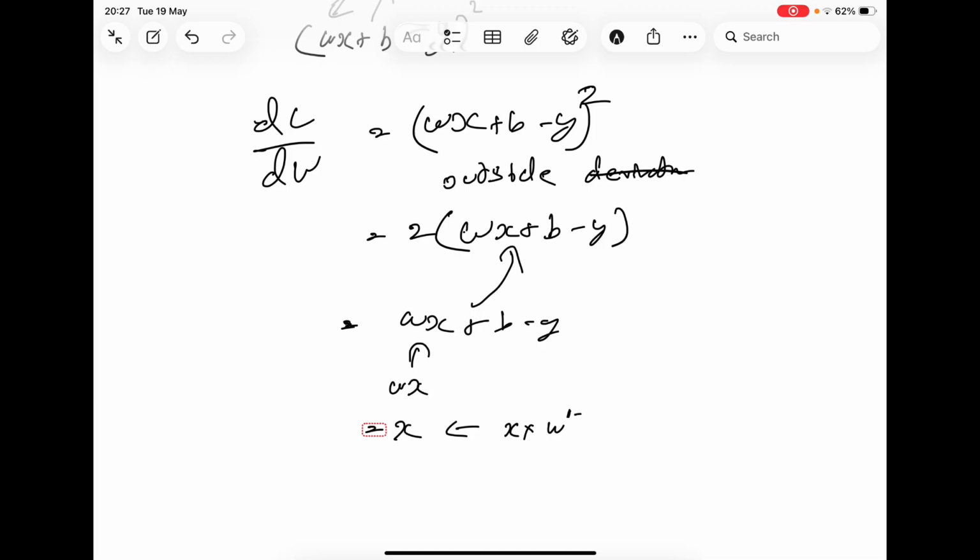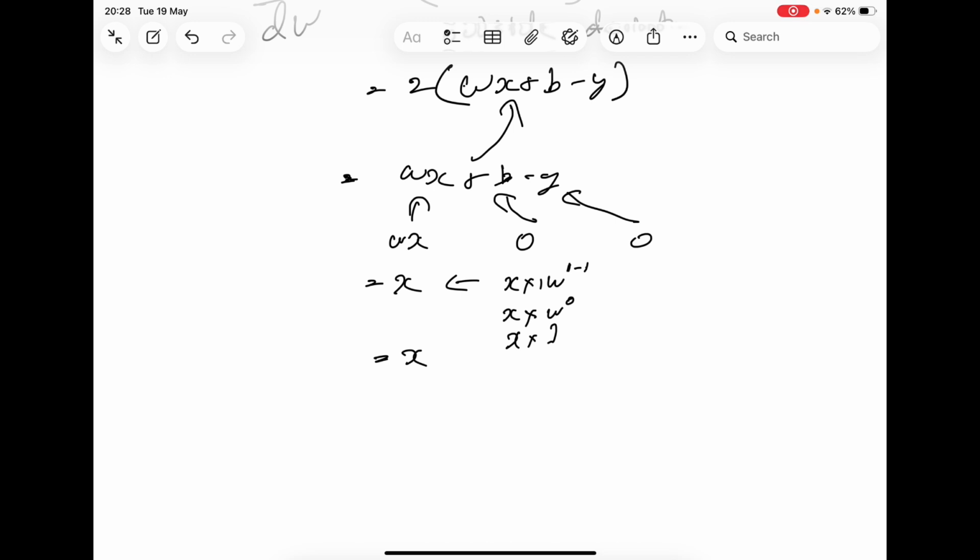So if we subtract 1 from it, and if we add 1 here, x into w⁰, so w⁰ means 1, into x, the answer is x, right? And b is a plain number with no w in it, so its derivative is 0, and the same for the y as well, its derivative is 0 too.